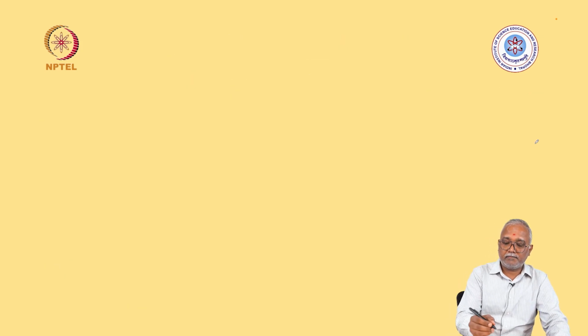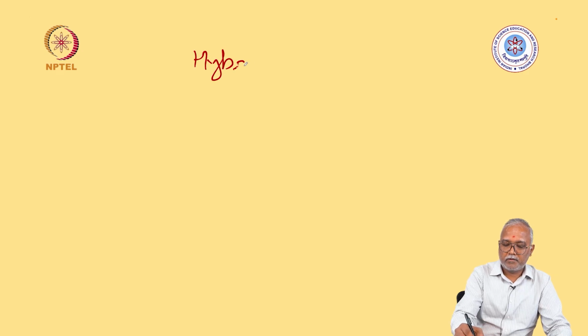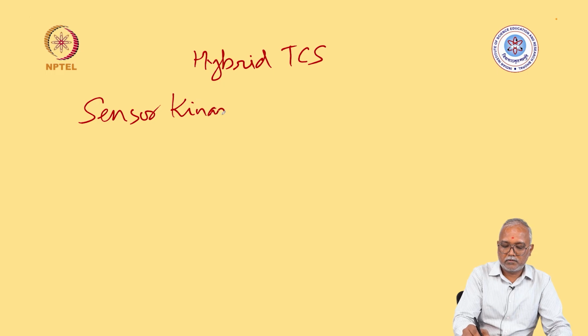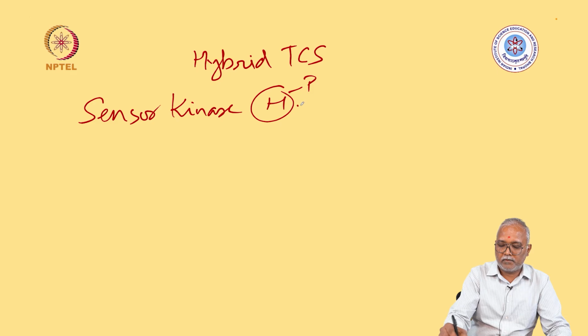Now, in simpler terms, as we saw, if you have a hybrid two-component system, you will have the sensor kinase, you will have histidine phosphorylation, then you will have the phosphate group moving from histidine to the aspartate.